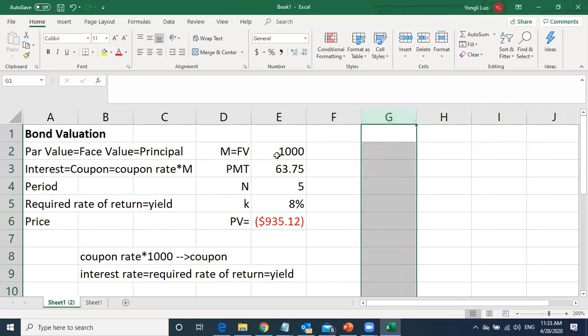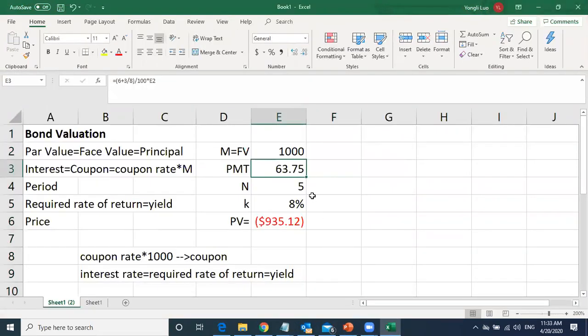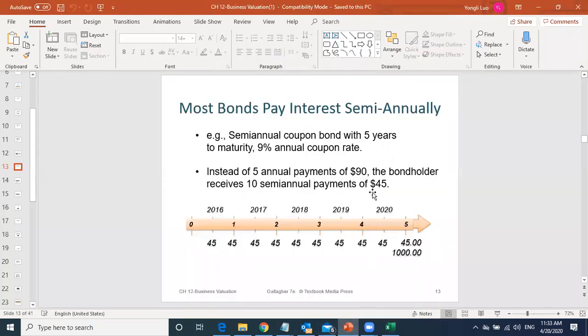The face value is 1,000 US dollars. Do you remember the coupon rate? Annual coupon rate 9%, right? So this is going to be 9% times principal. How many years? 5 years: 1, 2, 3, 4, 5.